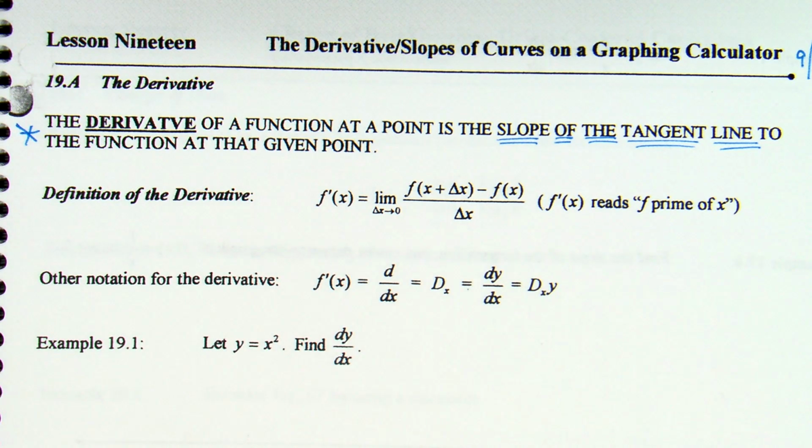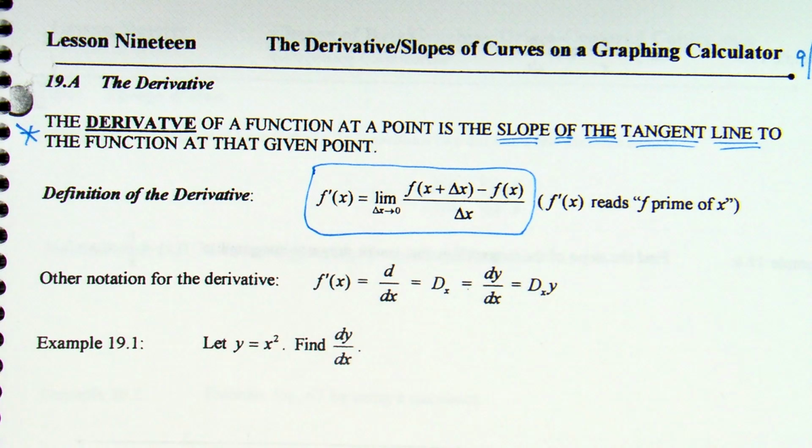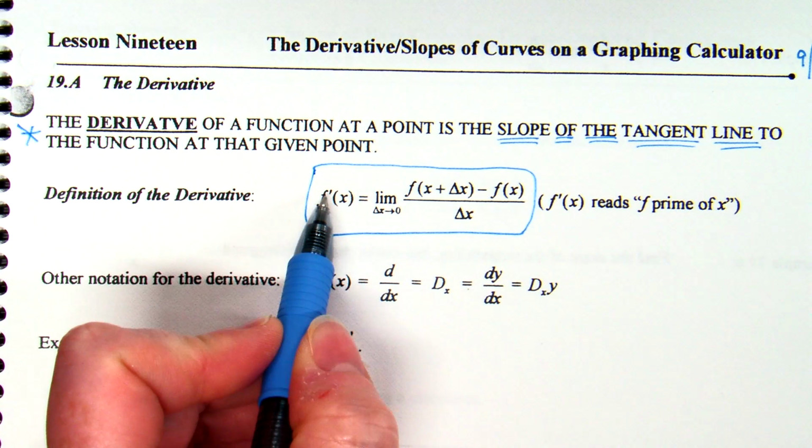Now, the definition of the derivative is right here. A normal function is f of x, correct? You will notice what looks like an apostrophe up here, right? And that apostrophe is our notation for derivative. It's read f prime.